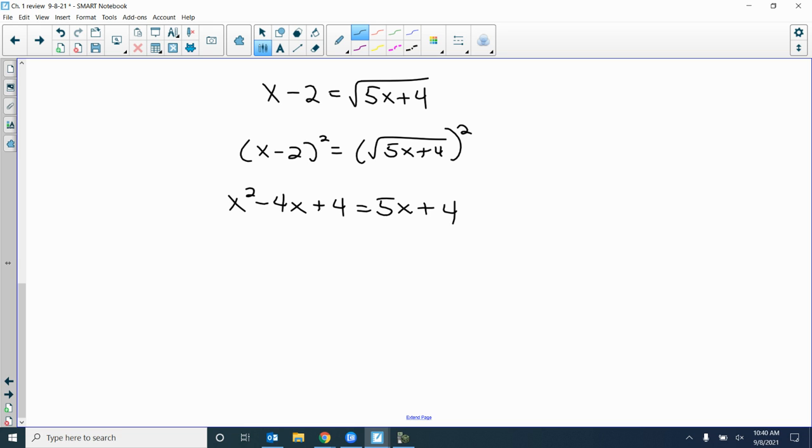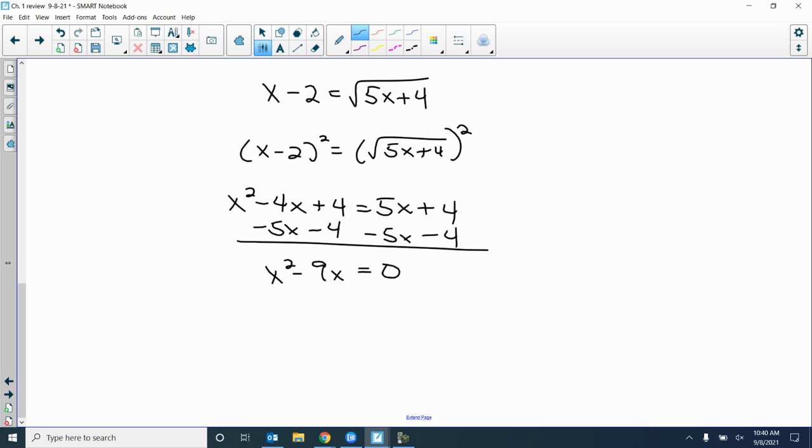And one little thing happens that might throw you for a loop. That doesn't really make it that much harder. I'm going to set it equal to 0. Minus 5x minus 4. All right, when I do that, what do I get? X squared minus 9x equals 0.